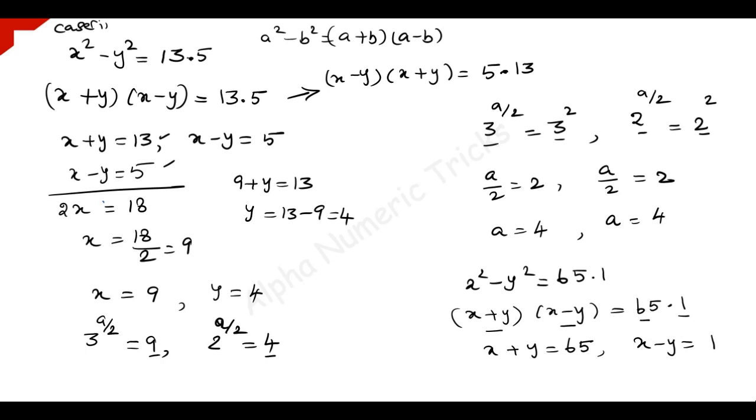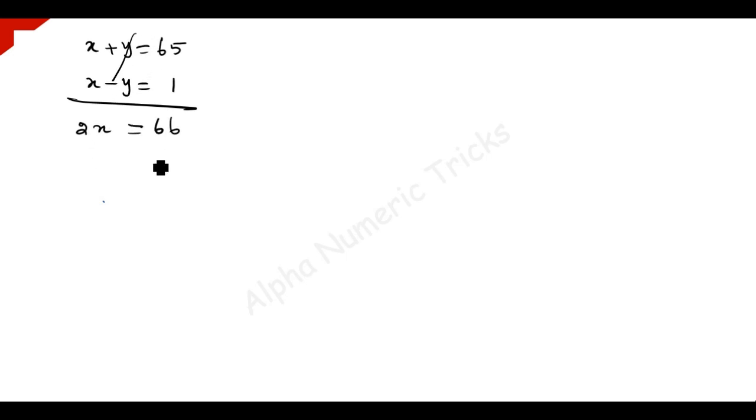Now we have to solve this. So what are the two equations we got? x plus y is equal to 65 and x minus y is equal to 1. When you add these, the y terms get cancelled. 2x is equal to 66, and x is equal to 66 over 2, which is 33.